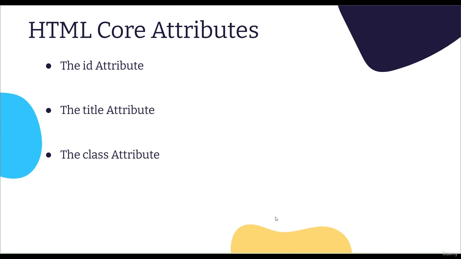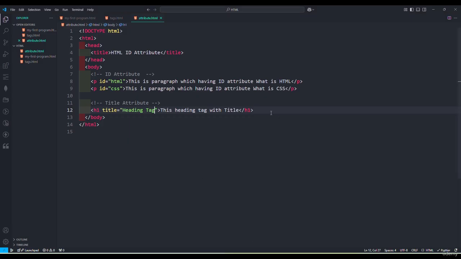For example, for the class attribute, we are defining like this. Attribute name as a class, value can be like this.